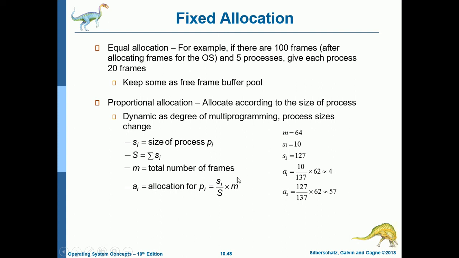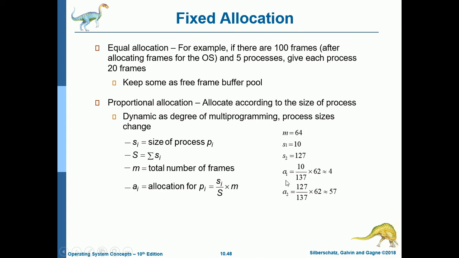To get the allocation, for a sub 1, for process 1, the size is 10 divided by 137. How did we get 137? Of course, it's 10 plus 127, the sum of the sizes of all the processes.